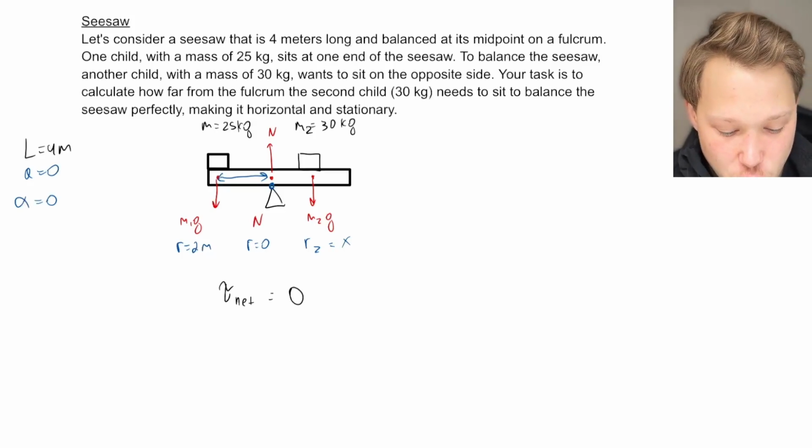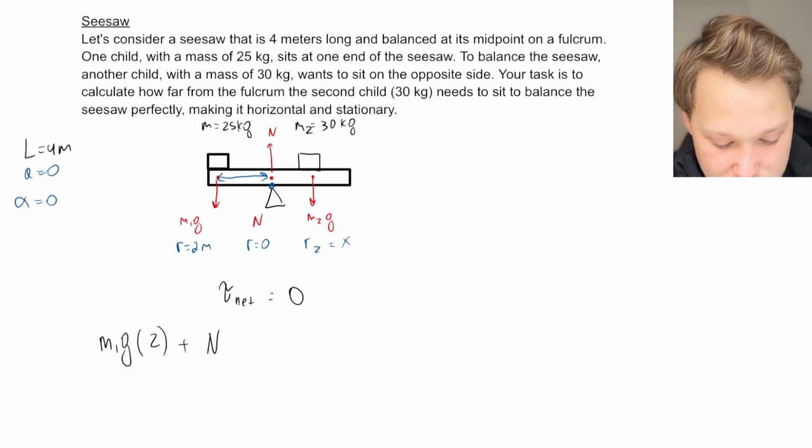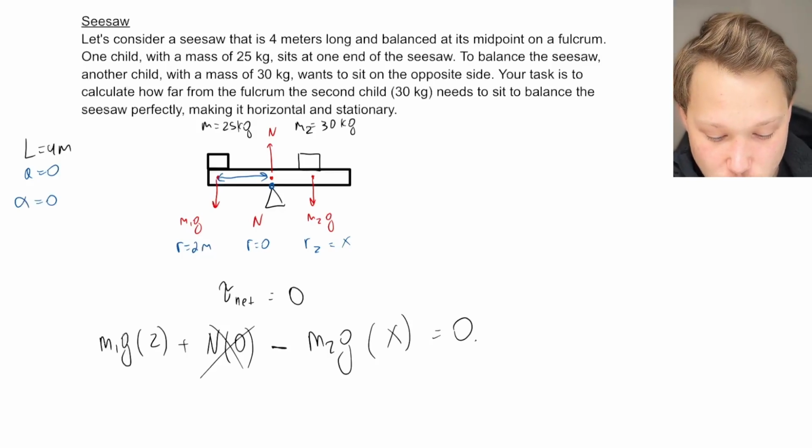So the torque of the first one is going to be m1g times distance 2, plus normal force times distance of 0, so essentially this term cancels out, minus m2g times x is equal to 0. Now, why is this one minus all of a sudden?